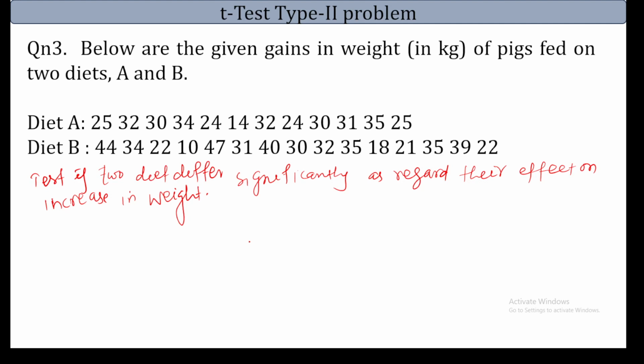It's like two diets are given for the pig fats, and they are saying whether there is an increase in the weight or not. So please just go ahead with that. So what is the solution?